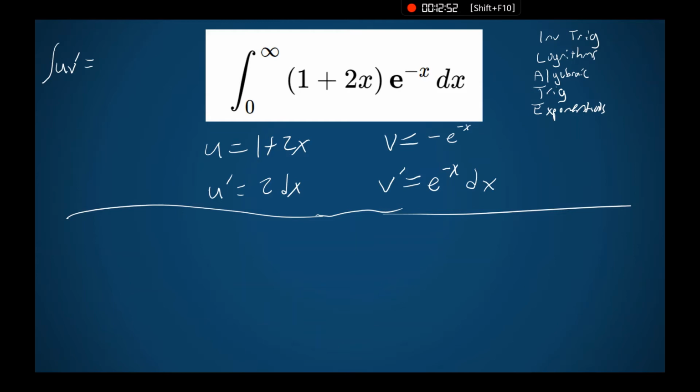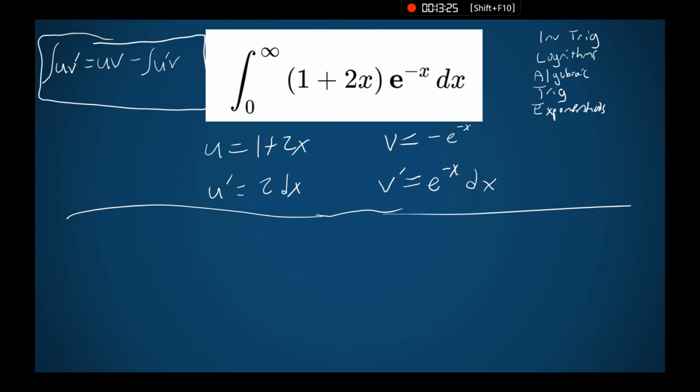Okay, you're right. Let's do our general formula though. So, in terms of u and v prime, what happens when I integrate? U times v prime, so minus u prime times. Okay, so if I integrate u v prime, I'll get uv minus the integral of u prime v.